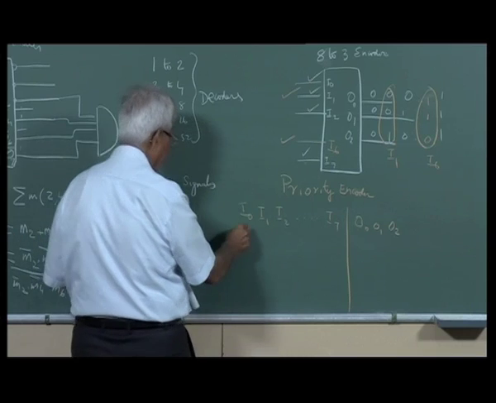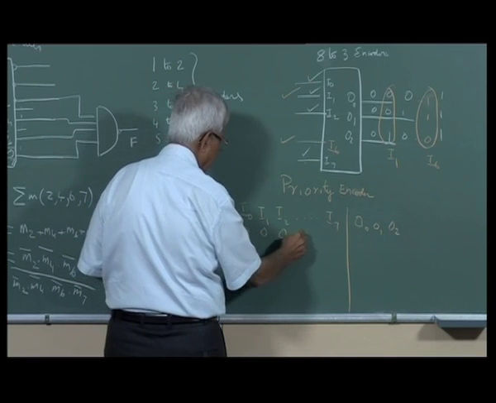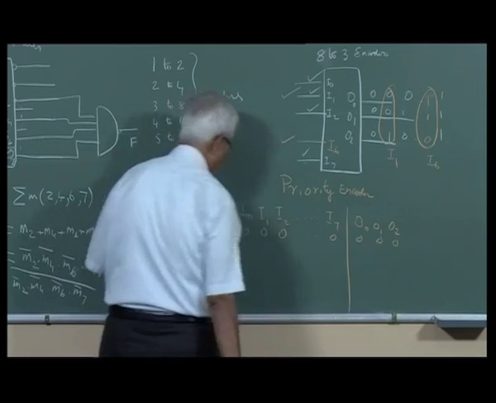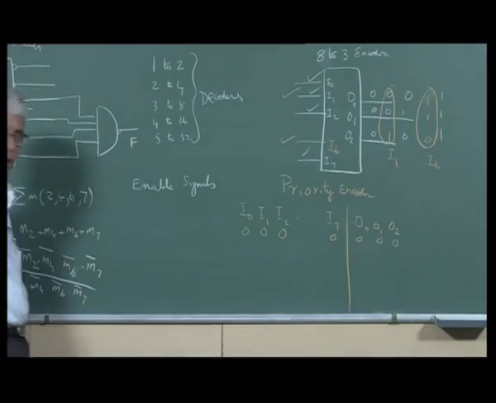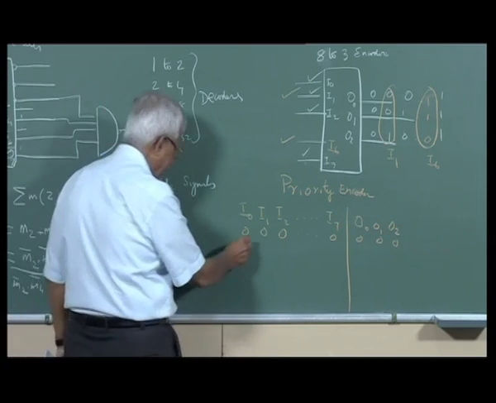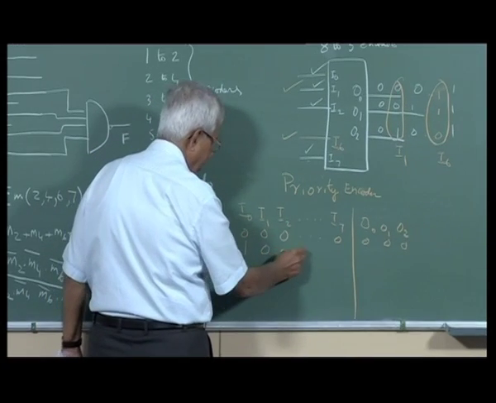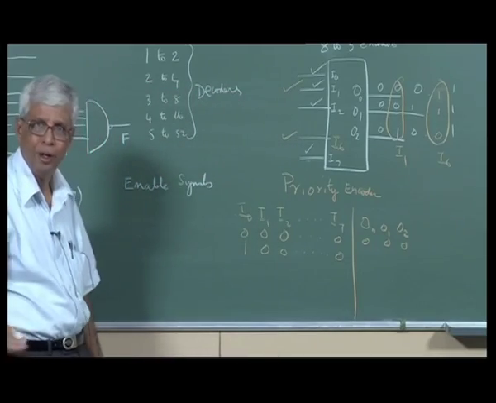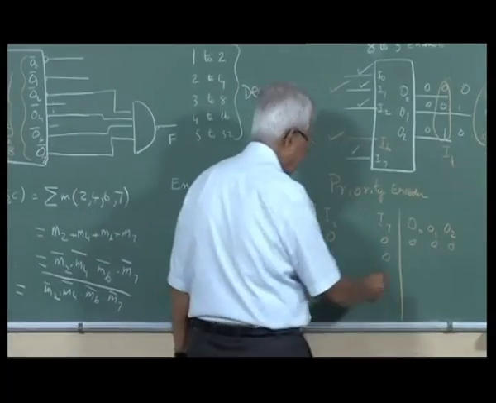Now if none of them is present, then I will have 0, 0, 0, no output. If I0 is present, what is the I0 code? Again 0, 0, 0. There is a confusion here.